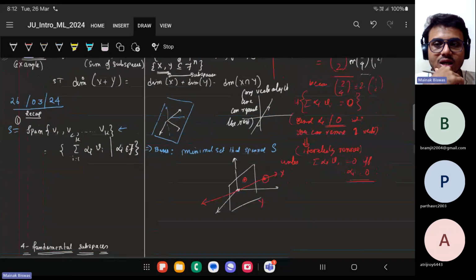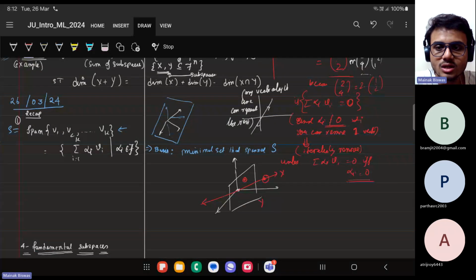I hope you have gone back and done the homework, as in revised things at least. I can use those concepts. So the number of basis vectors is equal to the dimension of the subspace. You're told to find a dimension.